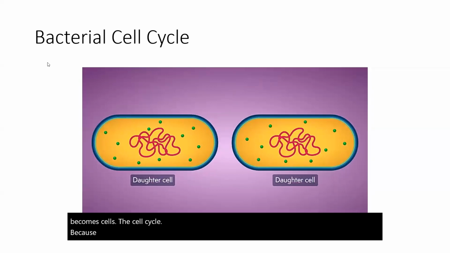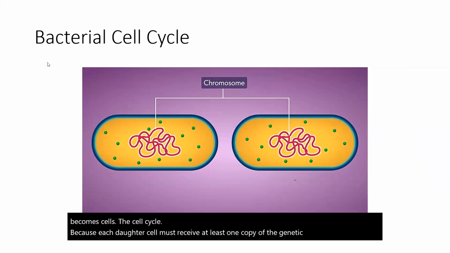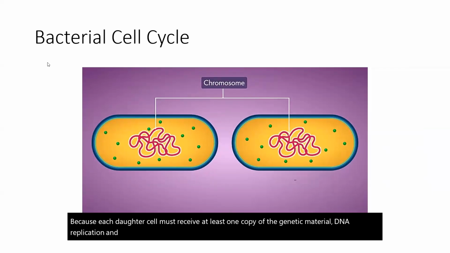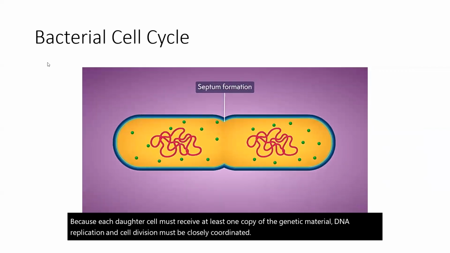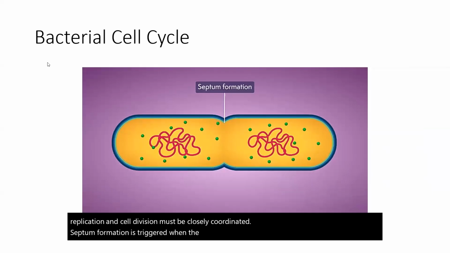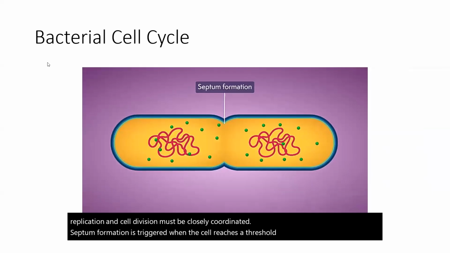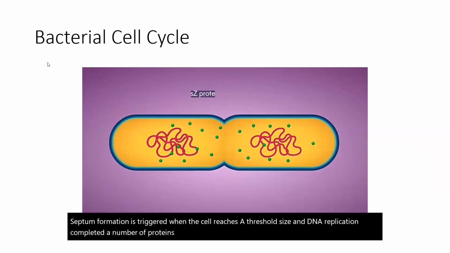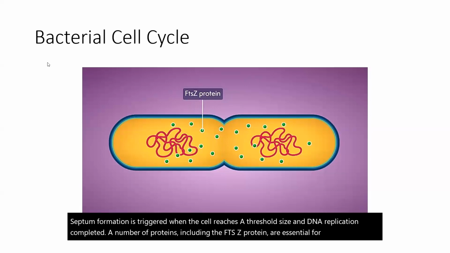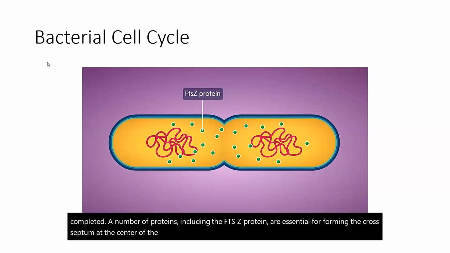Because each daughter cell must receive at least 1 copy of the genetic material, DNA replication and cell division must be closely coordinated. Septum formation is triggered when the cell reaches a threshold size and DNA replication is completed. A number of proteins, including the FtsZ protein, are essential for forming the cross septum at the center of the cell and not at its ends.